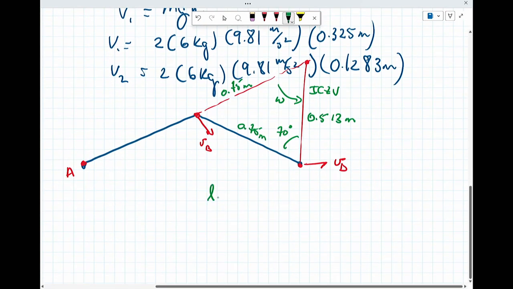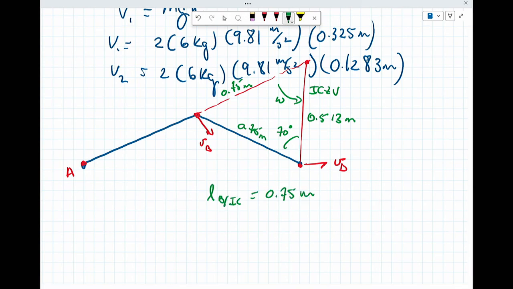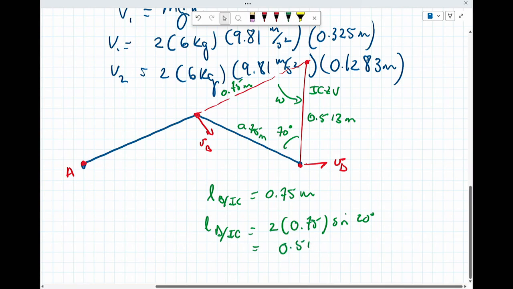So the length of B with respect to the instantaneous center is 0.75 meters. The length of D with respect to the instantaneous center is 2 times 0.75 times sine of 20, which is equal to 0.513 meters.